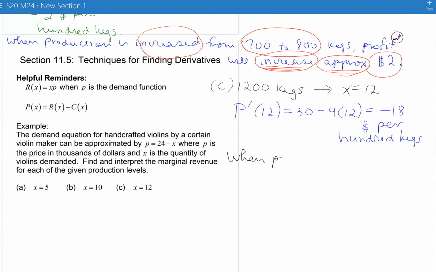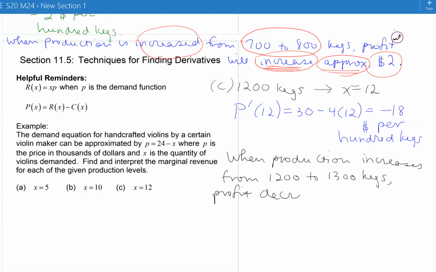When production increases from 1,200 to 1,300 kegs, profit decreases by about $18.